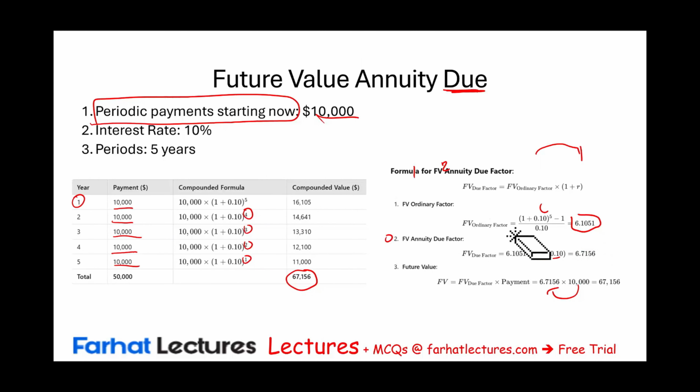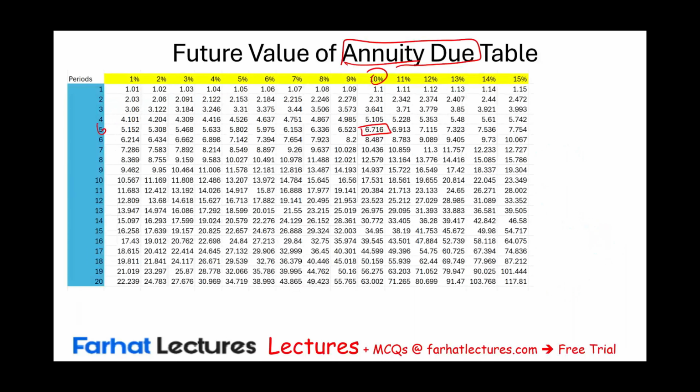If you are not given the annuity due table, well, figure out the ordinary annuity, which is 6.1051, and multiply times 1 plus the interest rate, whatever that interest rate happens to be, 10%, 1.1, you will get what you need. So you need to know how to convert from ordinary to annuity due. Again, if we use the table, 10,000 times 6.716 will get us 67,160 versus 67,156. Again, it's a rounding issue.